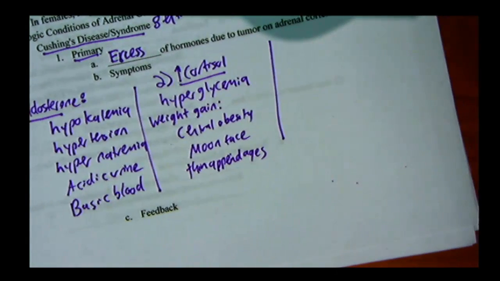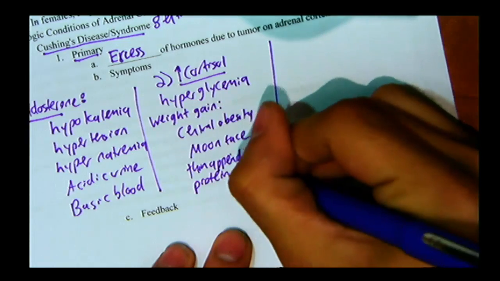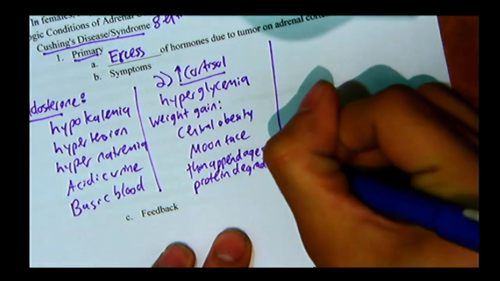What happens with your immune system? Compromised immune system, right? Is there anything else? I think that's about it.